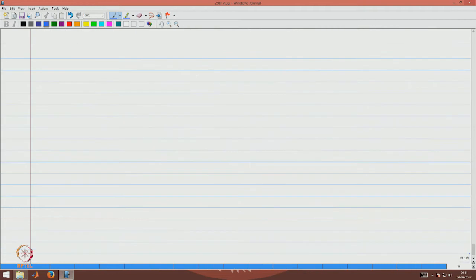So, let us take an example. Suppose I take the integral d theta over 10 minus 6 cosine theta, from 0 to 2 pi. Then you make a substitution.